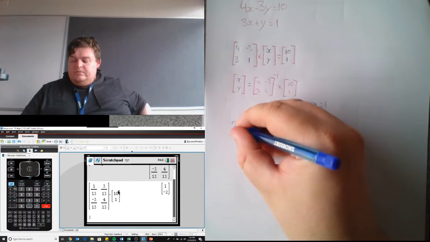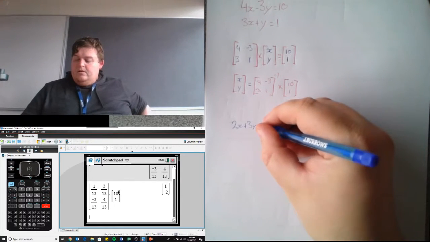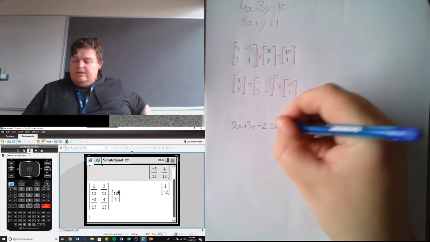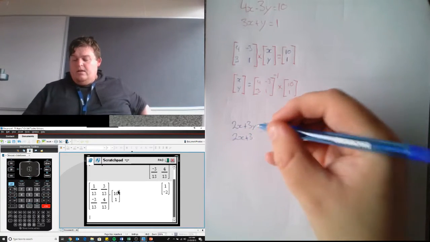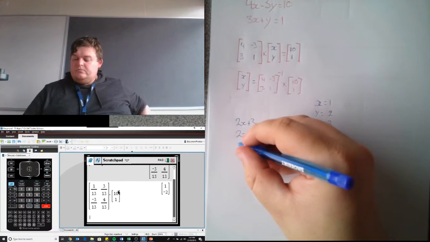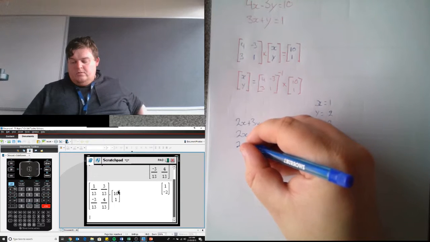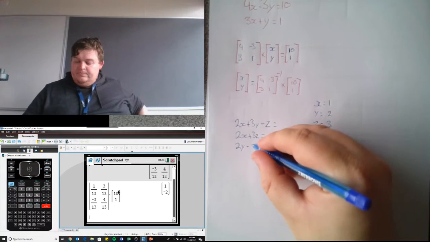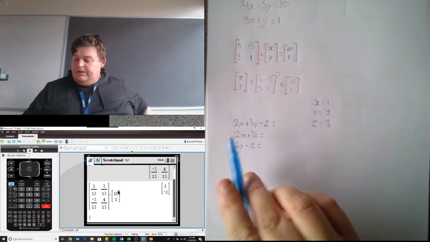So I'm going to have 2x plus 3y minus z equals something. We'll say 2x plus 3z equals something. And we'll say 2y minus z equals something as well. I'm just going to quickly solve these.